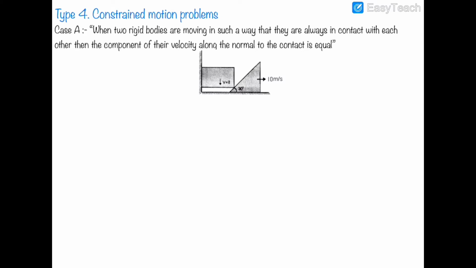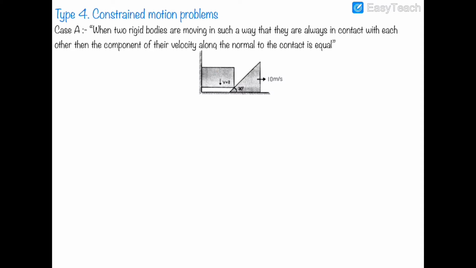At this instant they are in contact with each other, and it will remain in contact till this reaches the floor. We have to find out the velocity of this rectangular block at this instant, and before and after this instant, they will remain in contact with each other.